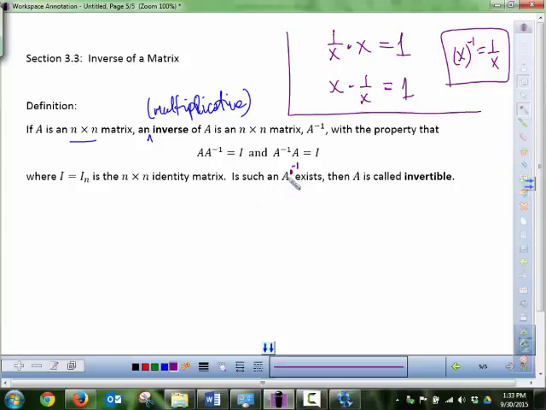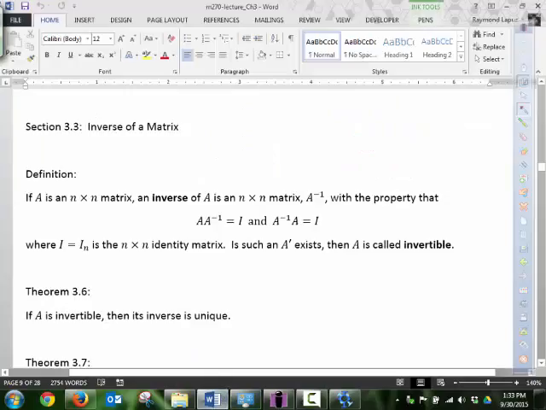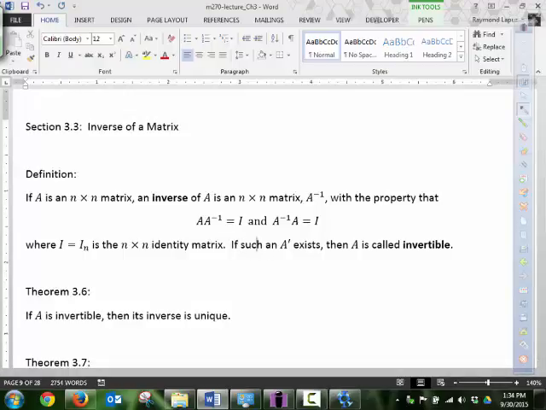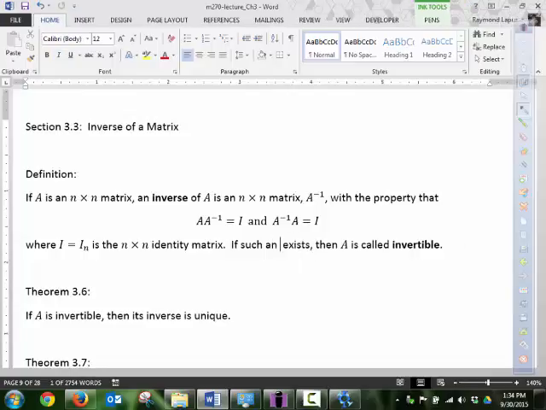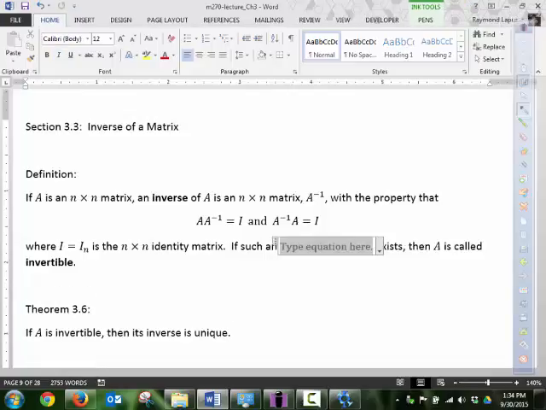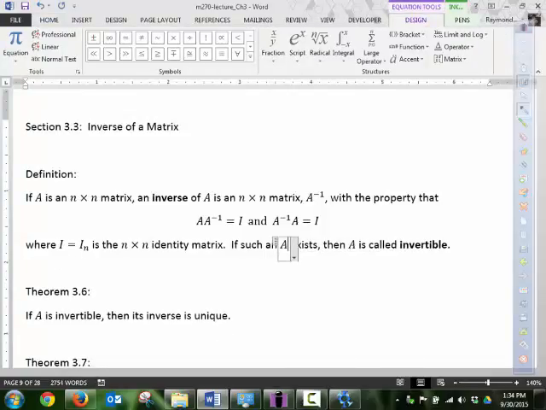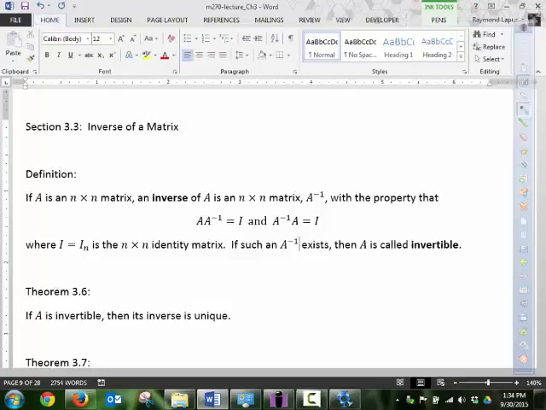All right, so if your inverse exists, this is if. Whoa, typos. Maybe I should make that correction now. If such an inverse exists, then A raised to the -1.